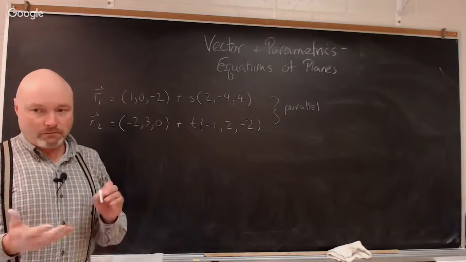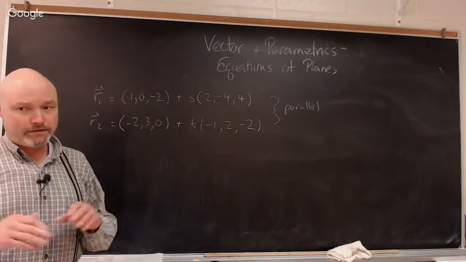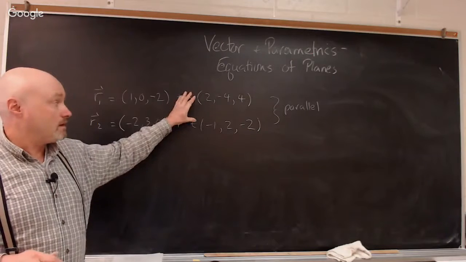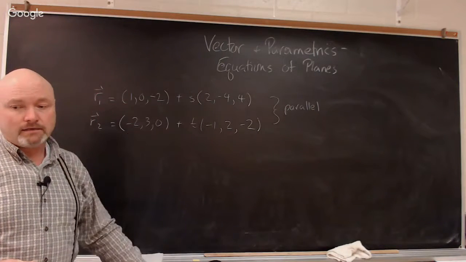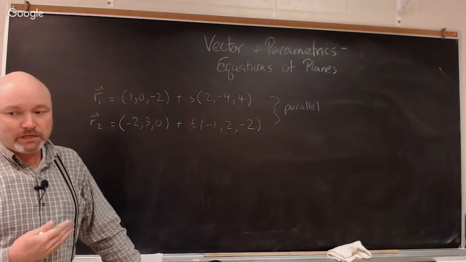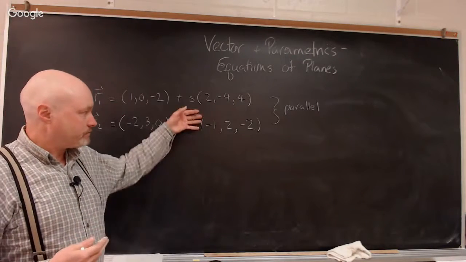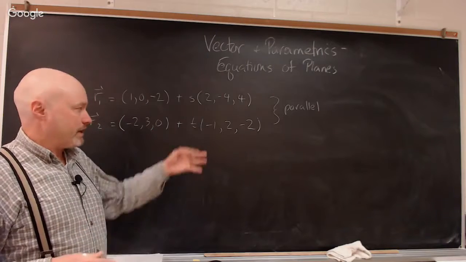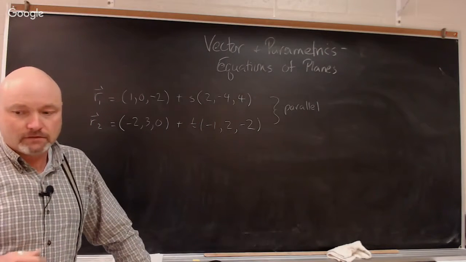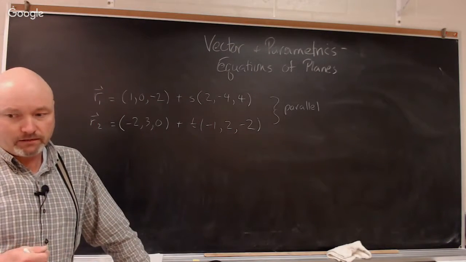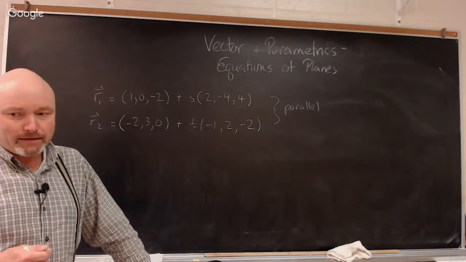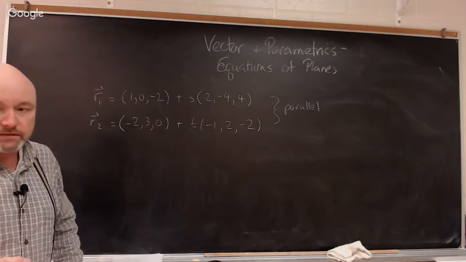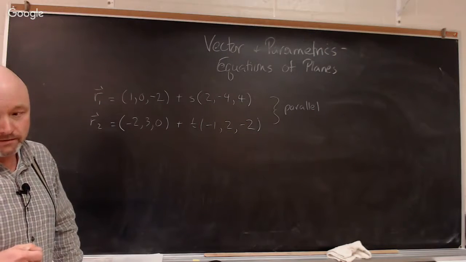So here's the problem. I want to find the equation of the plane that contains both of these parallel lines. But the second problem here is I don't have a direction vector that's going to define a plane. I've just got two direction vectors that are going in the same direction. They're parallel. So how am I going to get another direction vector so that the plane contains these two lines?